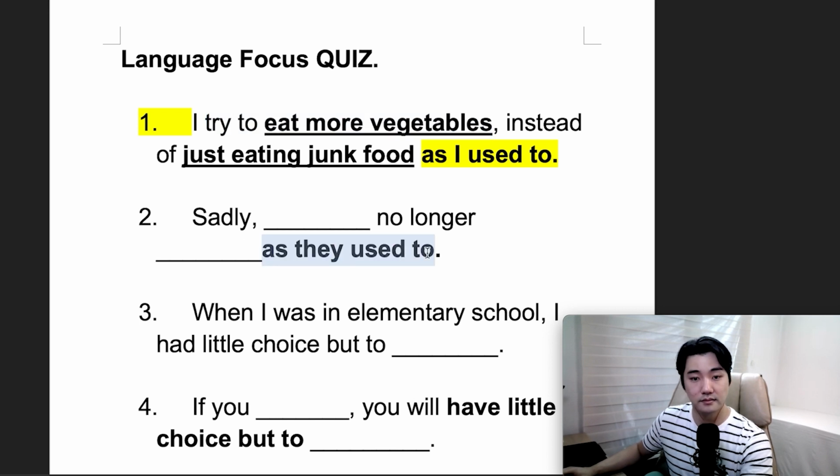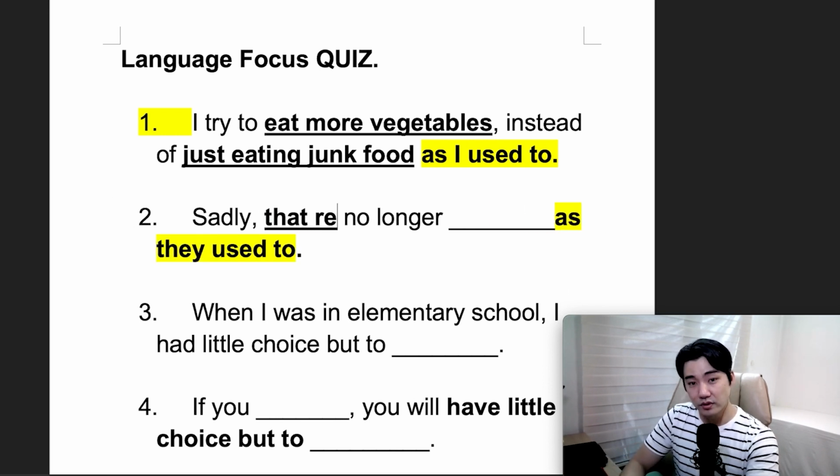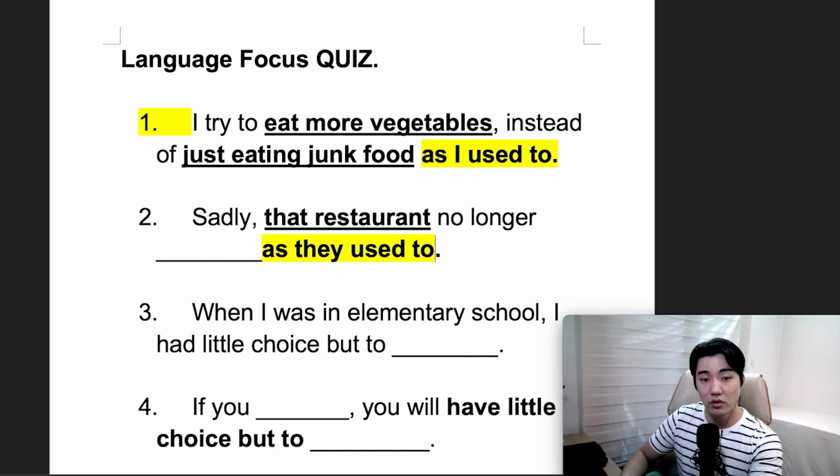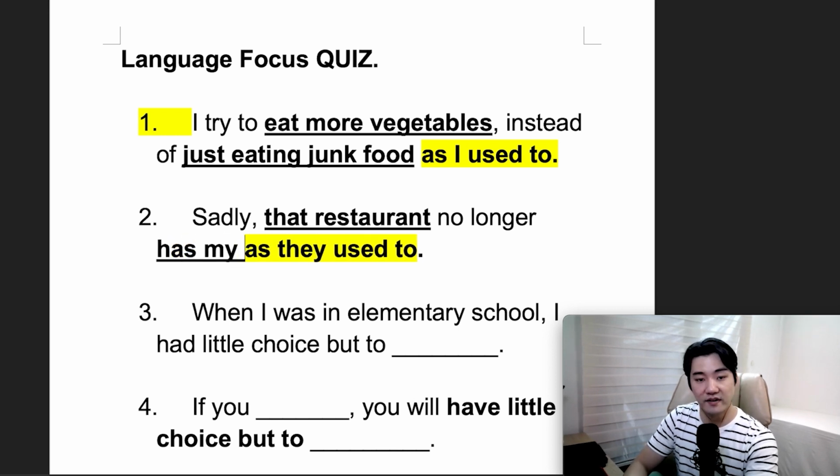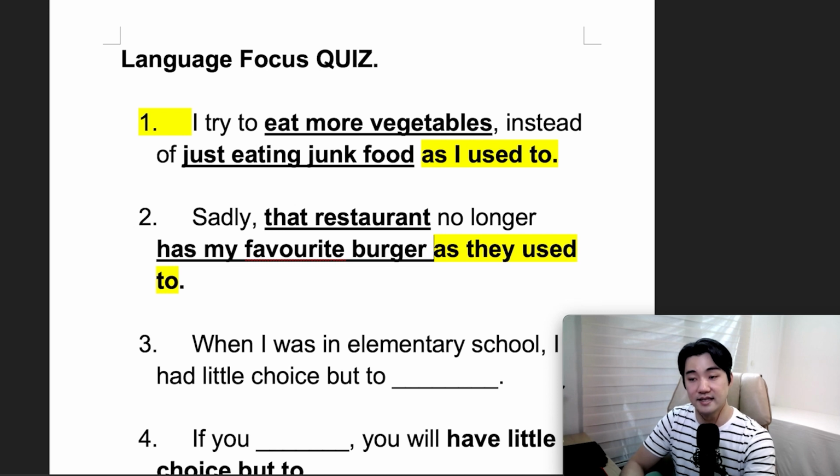Sadly, no longer, as they used to. Sadly, that restaurant no longer, let's say, has my favorite burger as they used to.